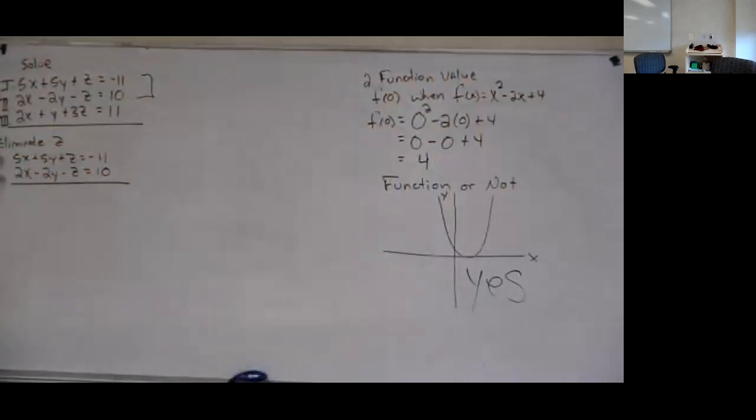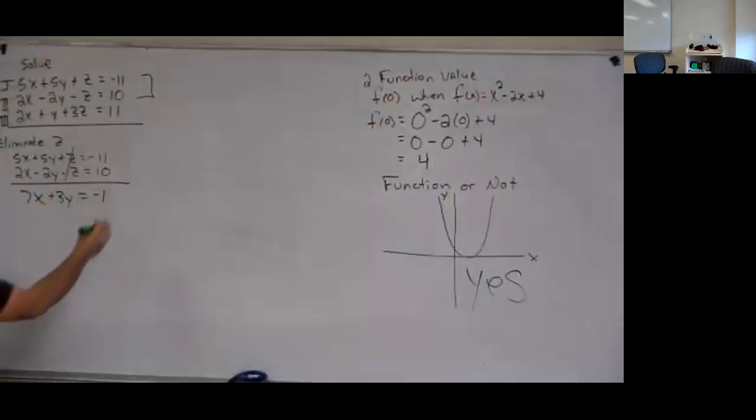So I'm doing 1 and 2 together, but notice my z's cancel. So let's see what we get. 5 plus 2 is 7x. 5 minus 2 is a positive 3y. That's going to equal a negative 1.